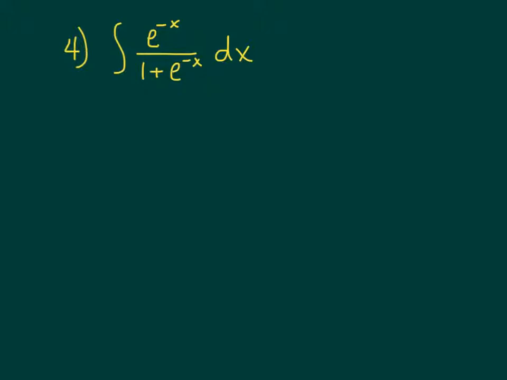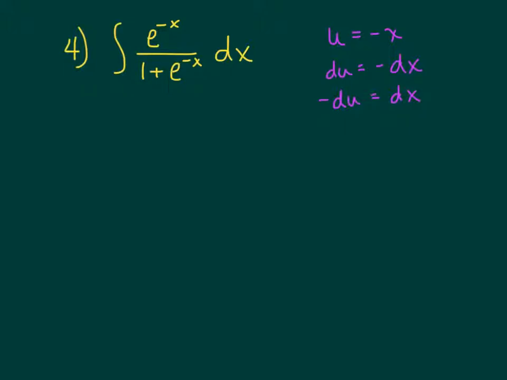Well, if we start off just by giving it a try and saying, let's set our exponent equal to u. So if I went ahead and said u is equal to negative x, so du would equal negative dx, or negative du is equal to dx. All right, if I went ahead and replaced things, let's see if it worked. Remember, we know if it works if everything ends up in terms of u, and it allows us to go ahead and take the integral in a way that we understand.